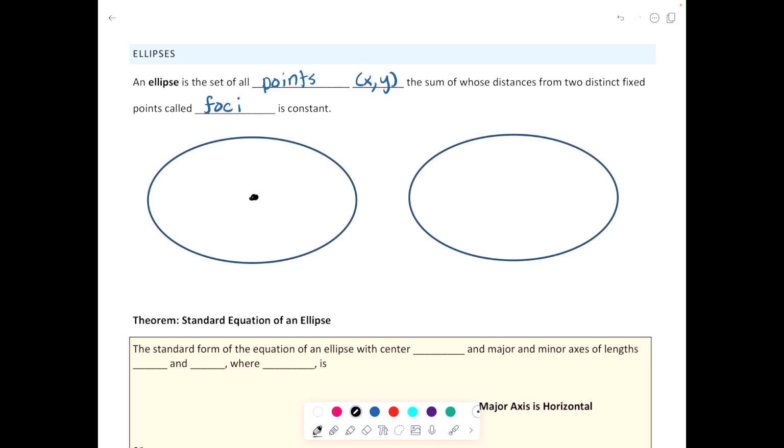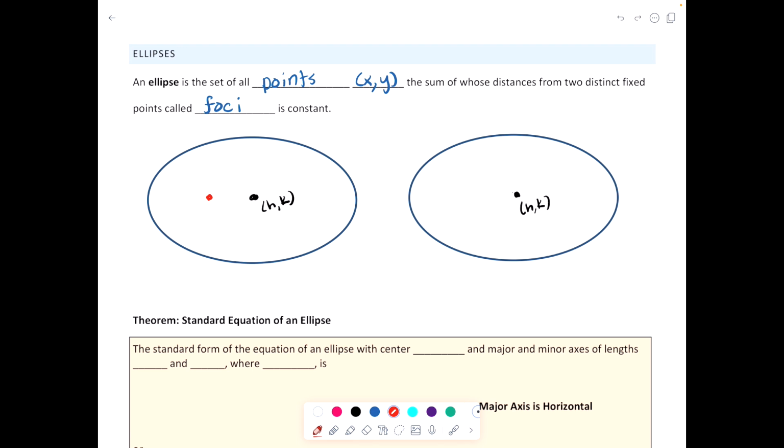So if this is the center, h, k, and we have two foci. Say we have one here and one here.